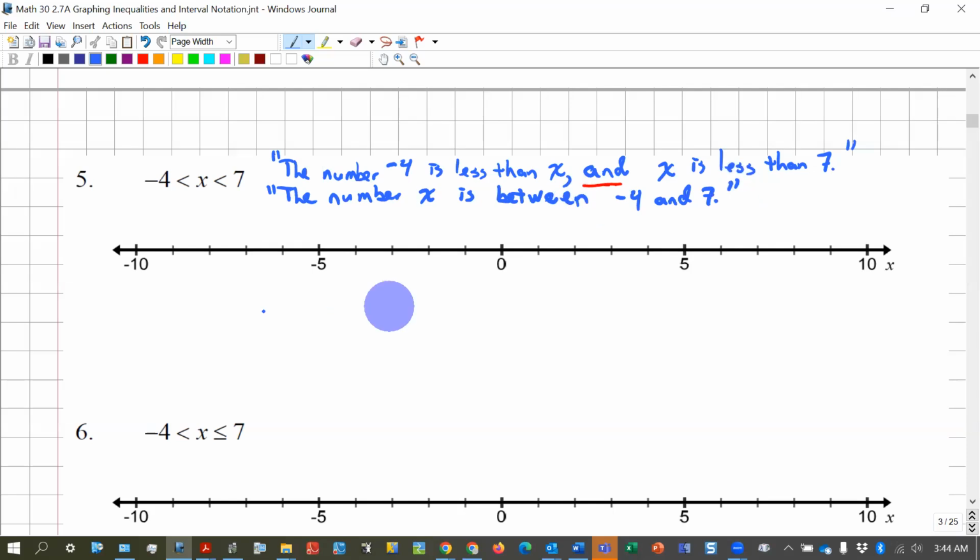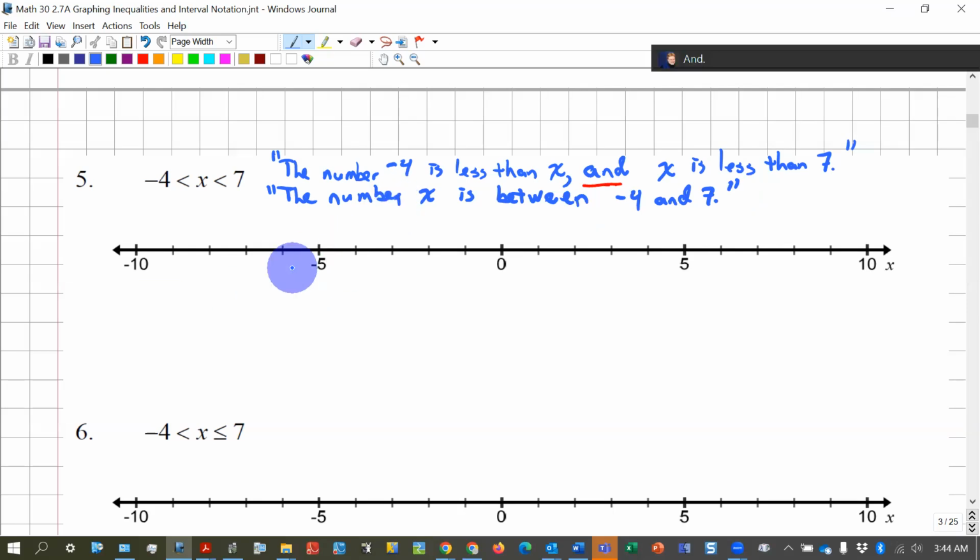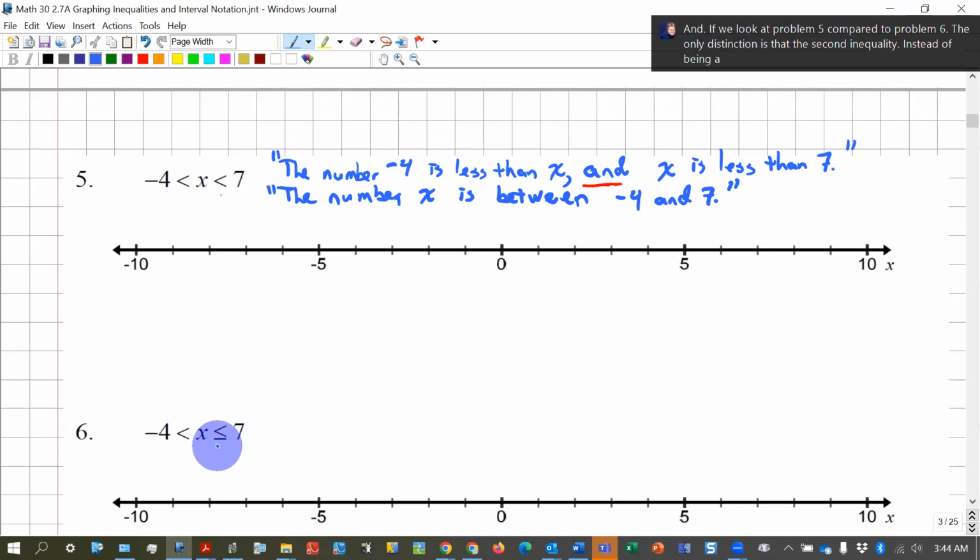And if we look at problem 5 compared to problem 6, the only distinction is that the second inequality, instead of being a strict less than symbol, it's a less than or equal to 7.